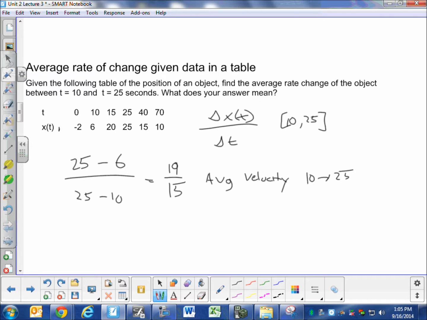And think about it, if you have position in meters and time in seconds, we have meters minus meters, that gives me meters. I have seconds minus seconds, that gives me seconds, meters per second. Okay, so I found the average velocity of whatever this thing is that has these positions.